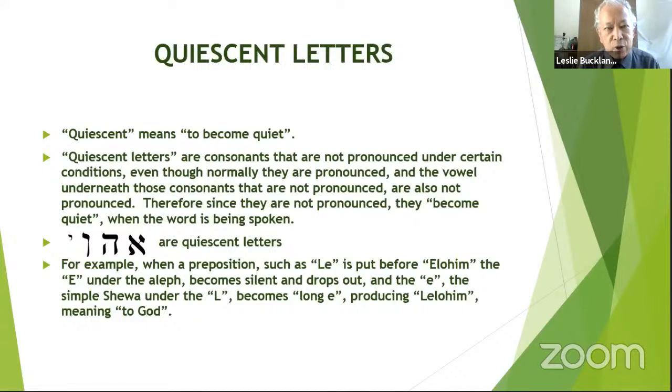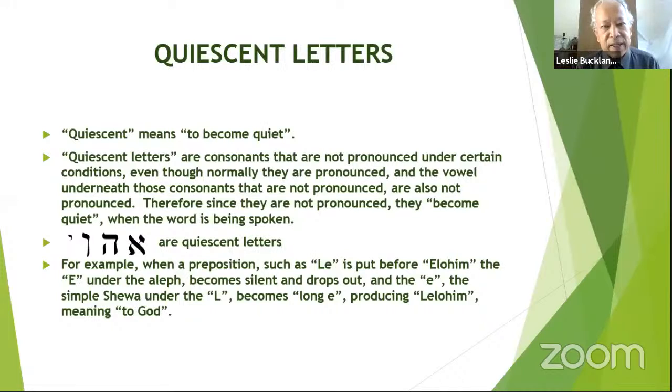Do you know what that letter is? Letter T. Quiet. Quiescent letters are referring to quiet letters. And quiet letters means that they do not give out any sound. You do not pronounce that letter.